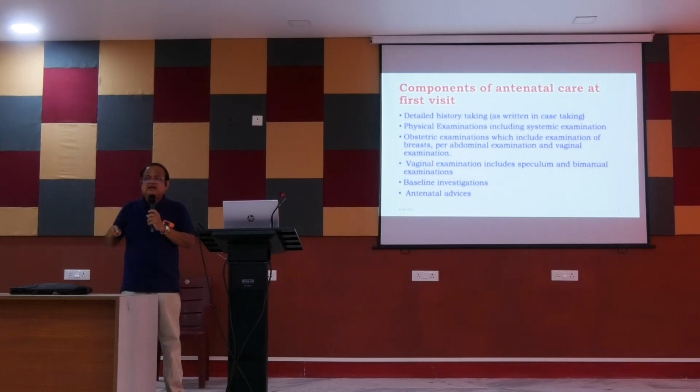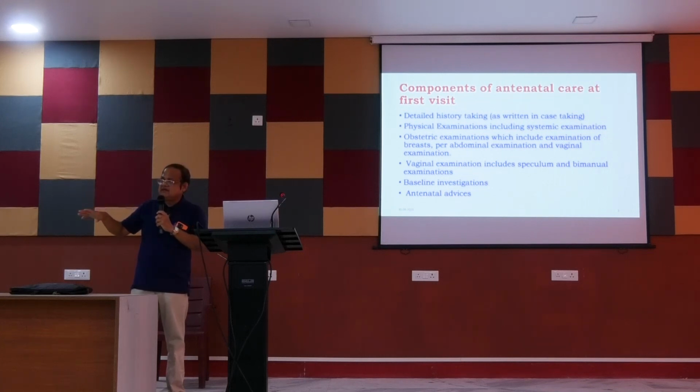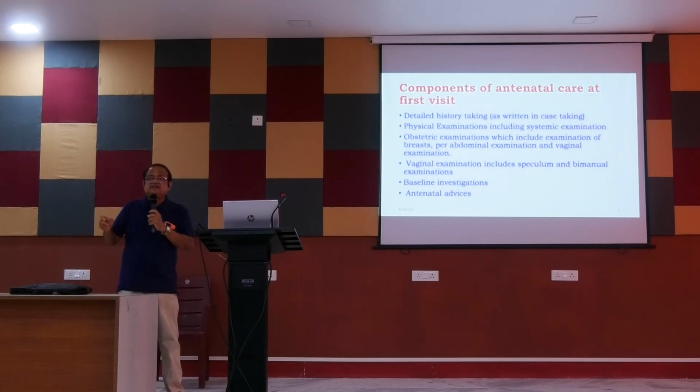And next is the past history, that is the past obstetric history. And the menstrual history is important, that is the LMP and how you calculate the EDD, expected date of delivery, 9 months, 7 days. All of you know what the expected date is and what the period of gestation is. Past obstetric history is chronological, including the total number of children, and even the abortions will be included.